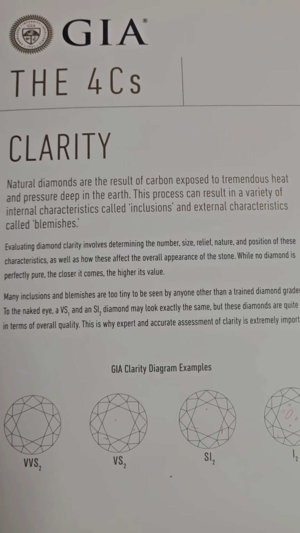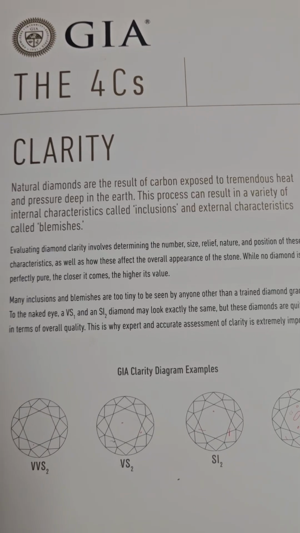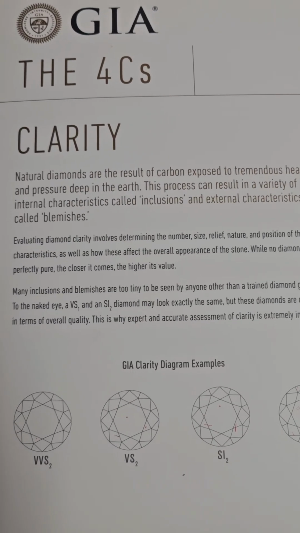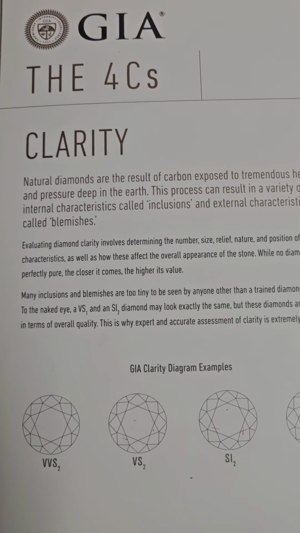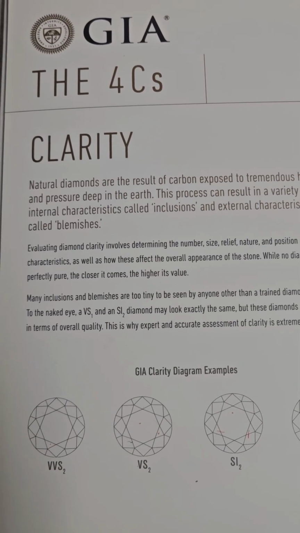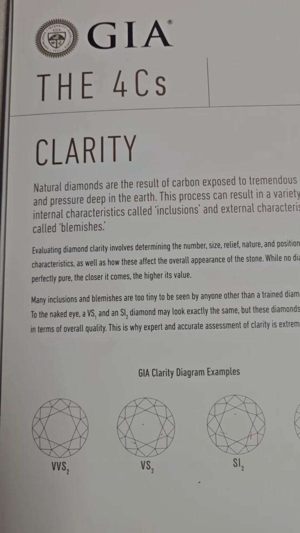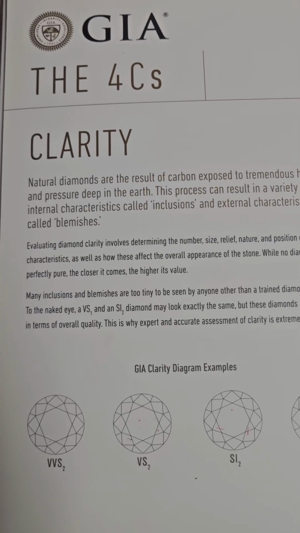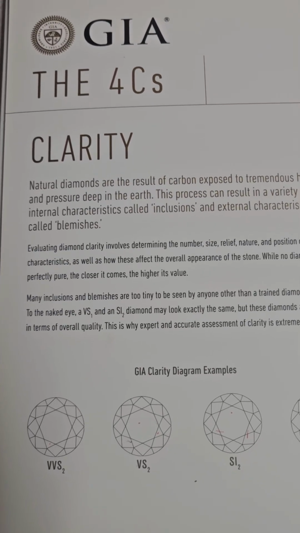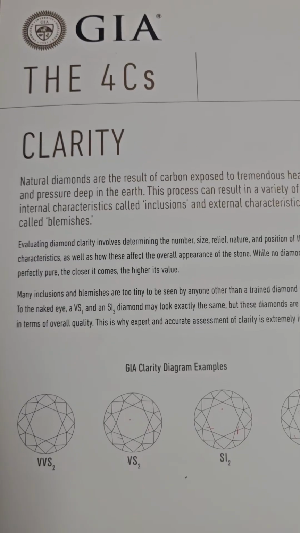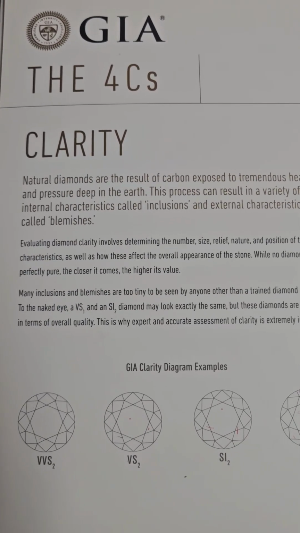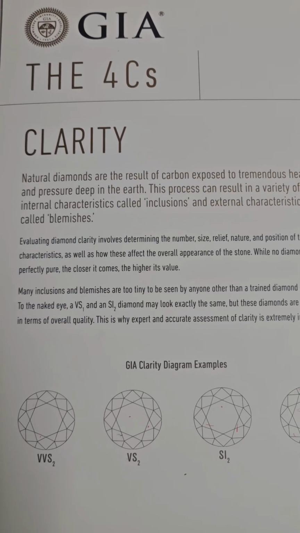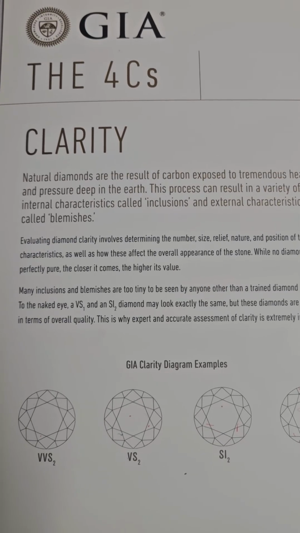GIA was invented by a fellow, I think his name is Robert Shipley, in the early 1900s, and he wanted a standardized system of measurement for a diamond. Before that, clarity was graded as eye clean or good or perfect or well. They didn't have a standardized unit of measurement. So he came up with the GIA scale. There's a color scale, a carat weight, and now a clarity scale.